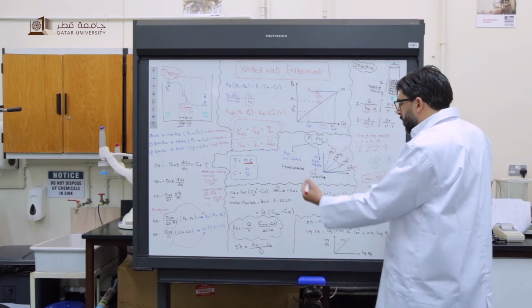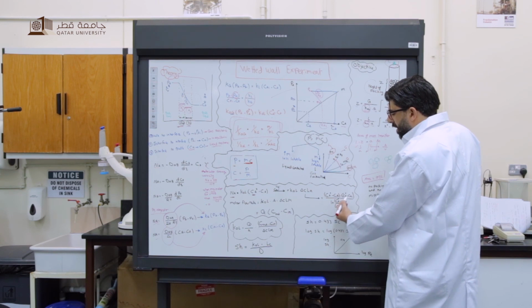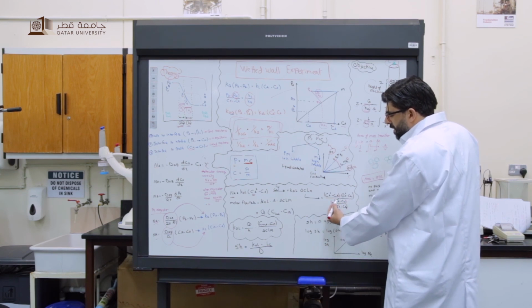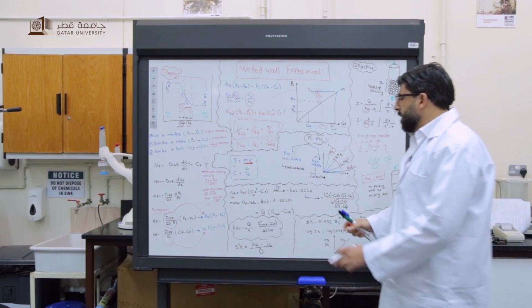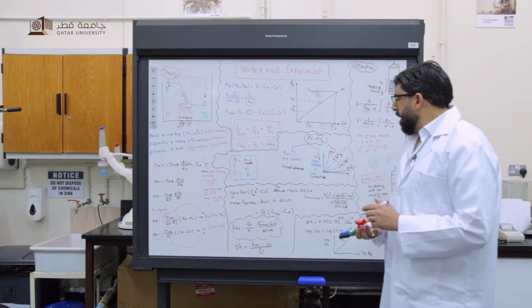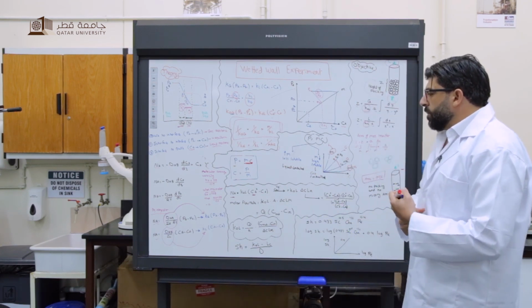It equals C star A minus CA1, minus C star A minus CA2, over ln of C star A minus CA1 over C star A minus CA2. This is the logarithmic mean for the average concentration.